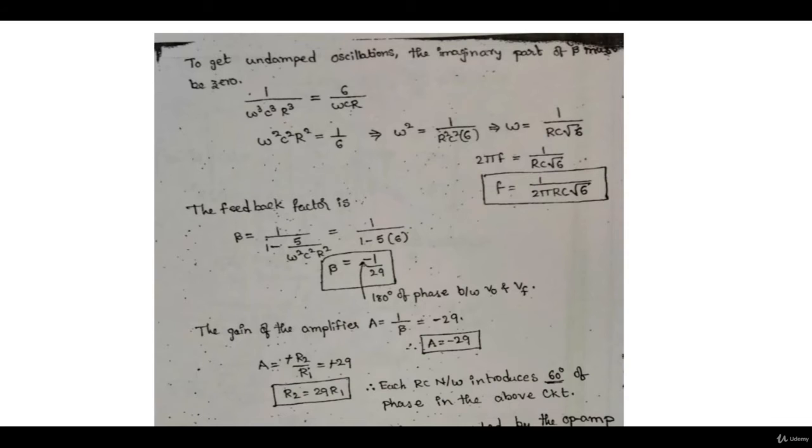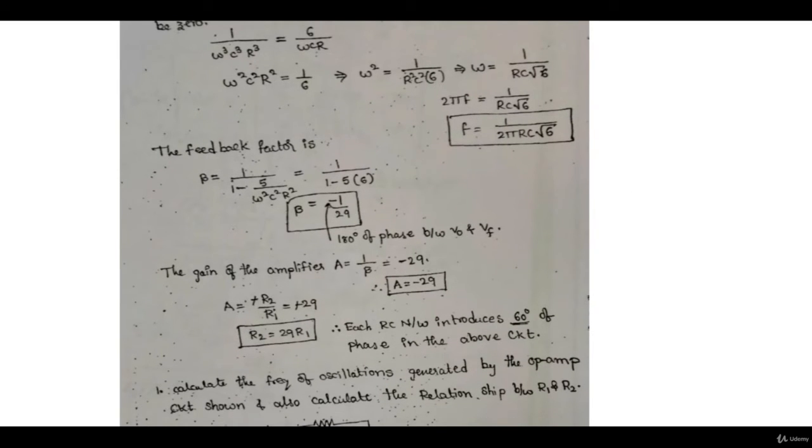So you will usually design the circuit like this. You will be given the frequency of oscillation, that you want this kind of signal with this frequency of oscillation. So you choose the values of R and C accordingly, depending upon the frequency. Then you know the beta value is this, gain is this, so you choose the value of R in such a fashion that R2 should be equal to 29 R1 and the frequency is met.